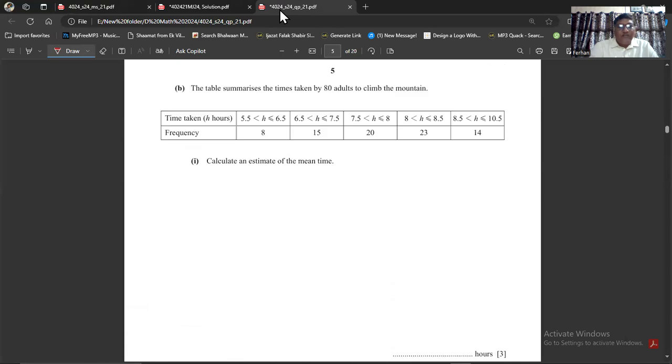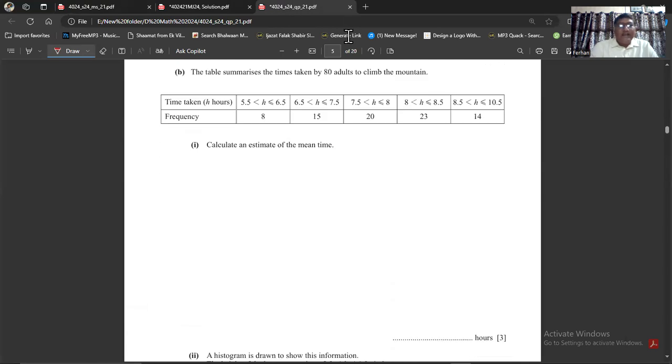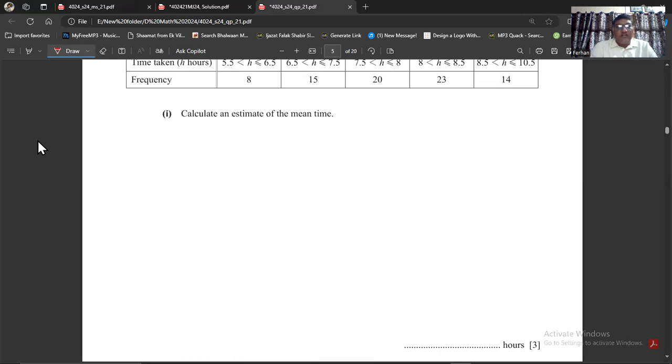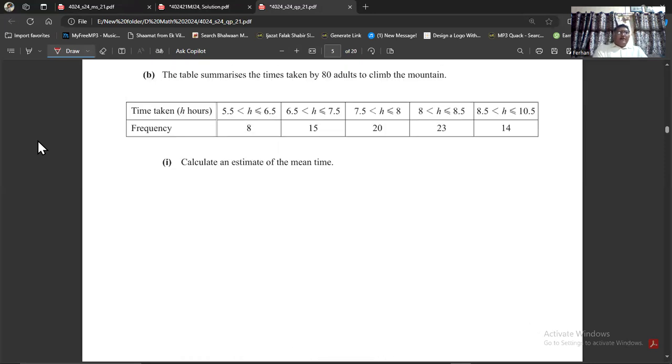Now we are going to the B part. Here we have another question. Okay, this is question number 2, and its B part. It's a 3 marks question. He says here a table is given. The table summarizes the times taken by 80 adults to climb the mountain.